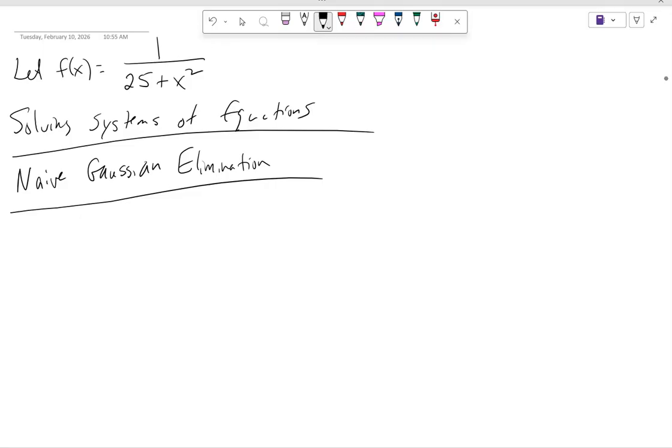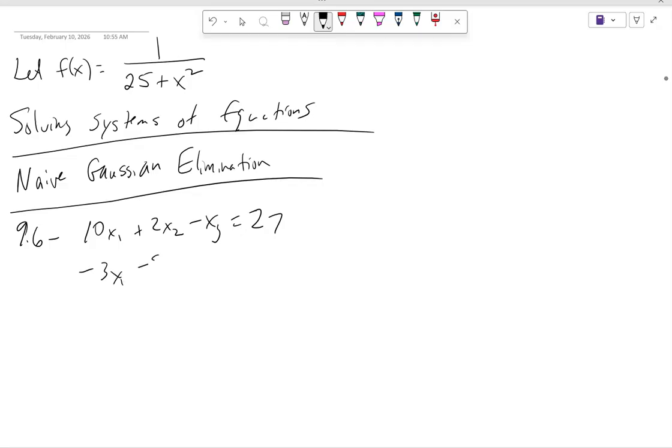Let's look at, this is actually in your text. This is 9.6 in your text. You've got 10x1 plus 2x2, pardon me, minus x3 equals 27.